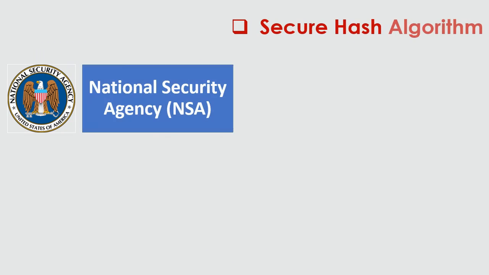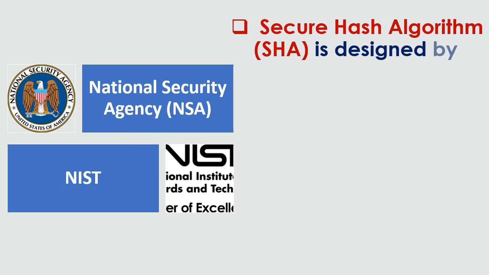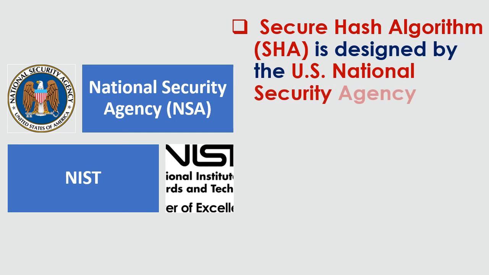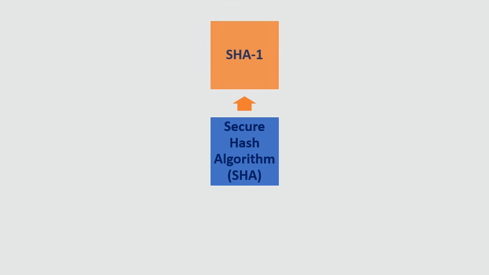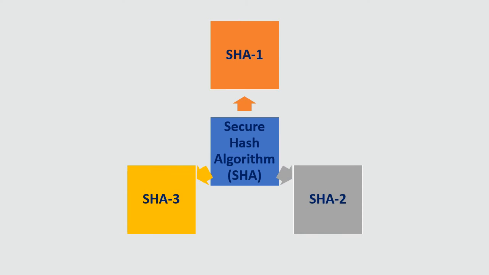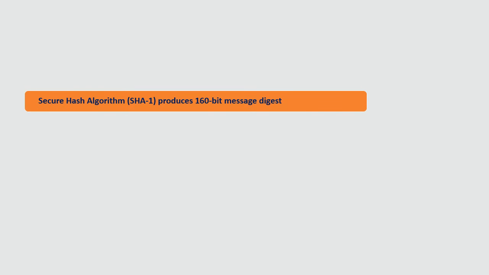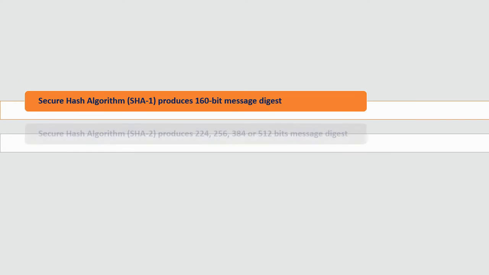Secure hash algorithm, SHA, is designed by the U.S. National Security Agency, NSA, and published by NIST. Common secure hash algorithm, SHA, are SHA-1, SHA-2, and SHA-3. Secure hash algorithm, SHA-1, produces 160-bit message digest.